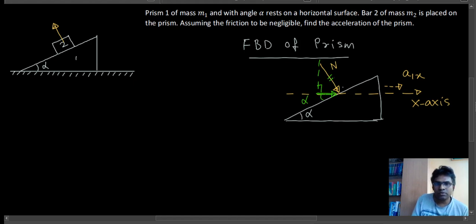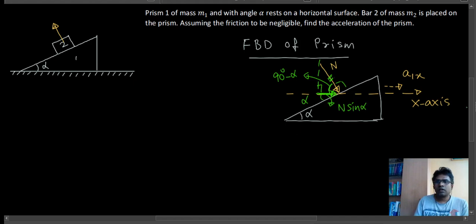The normal force makes an angle of 90 degrees with the inclined surface, so this angle right here is clearly 90 minus alpha. The component of the normal force along the horizontal line will be N into cos of 90 minus alpha. So this would be N sine alpha.